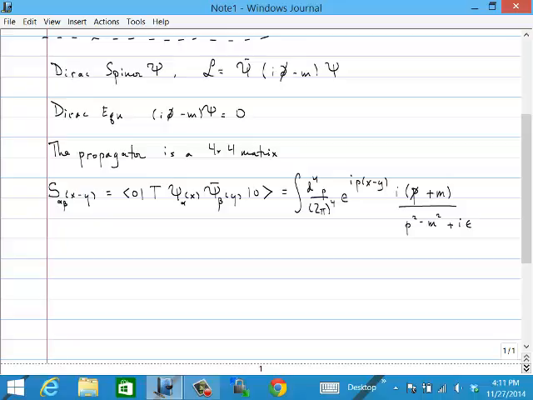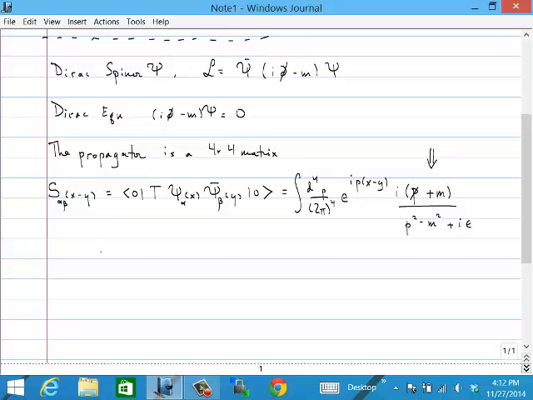And I invite you to check that, in the same way that the Dirac equation squares to the Klein-Gordon equation, the Dirac propagator will square to the usual Feynman propagator of a scalar field. That's quite easy to check in momentum space.